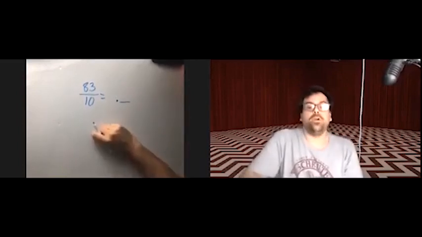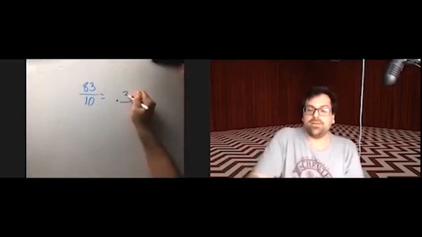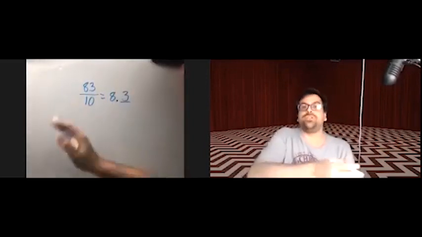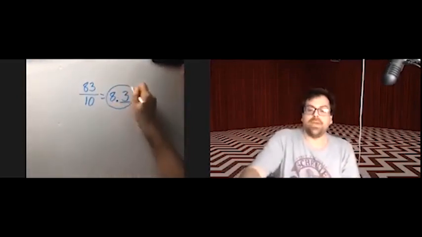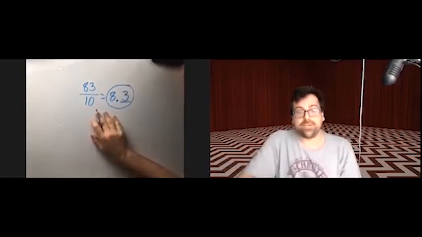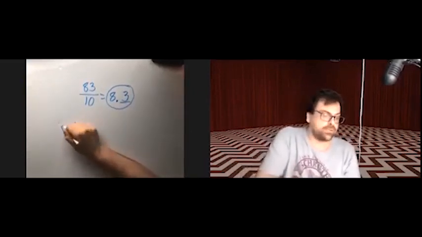Write the number so it ends in the tenth spot. The 3 has to end there, which means the 8 gets pushed to the left of the decimal. 8.3. That's the easiest way to do it. But if you went to a mixed number first for some reason, that's okay.